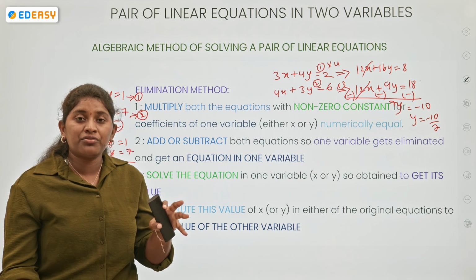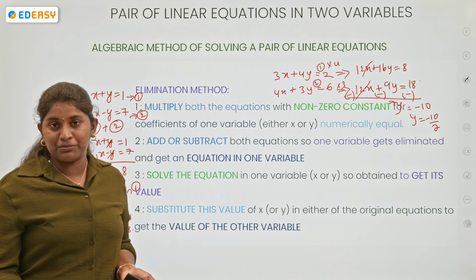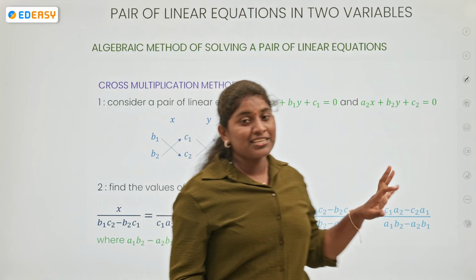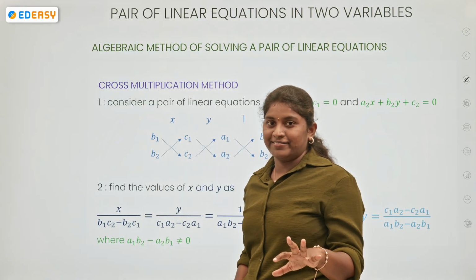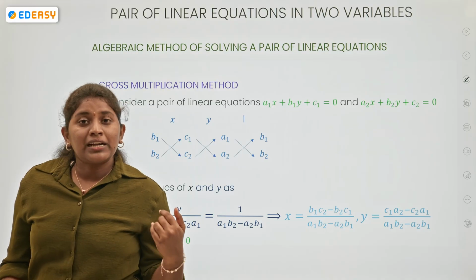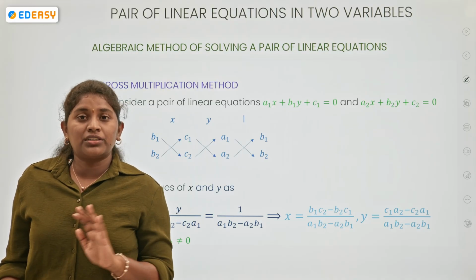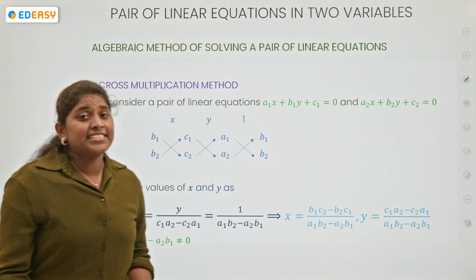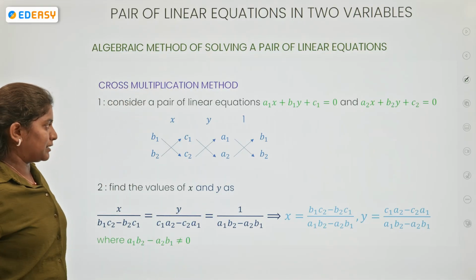In such cases, you can go for the cross multiplication method. But once again, you do not have this method for your grade 10. You have substitution and elimination. Cross multiplication you can use for the MCQs. Let's see how to solve using cross multiplication.